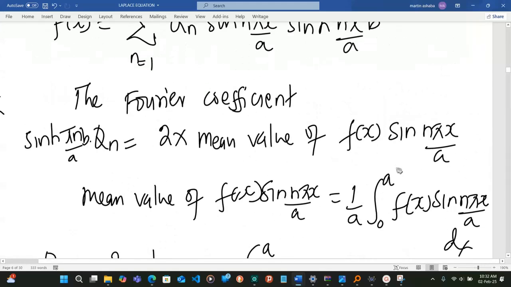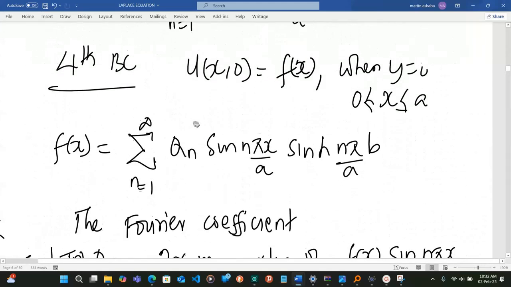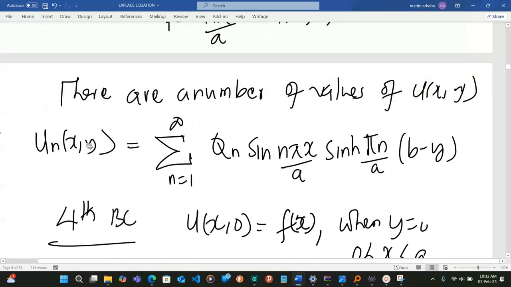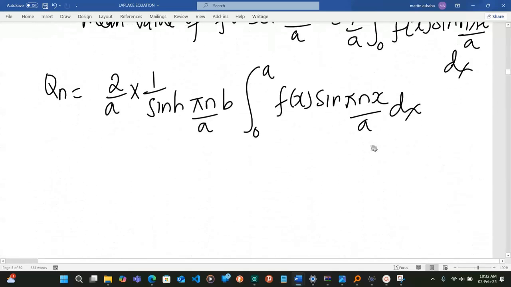So once I have this, I can just come again and substitute it in this expression for u(x,y), and then I'll have the function u(x,y) that will be a solution to the partial differential equation.